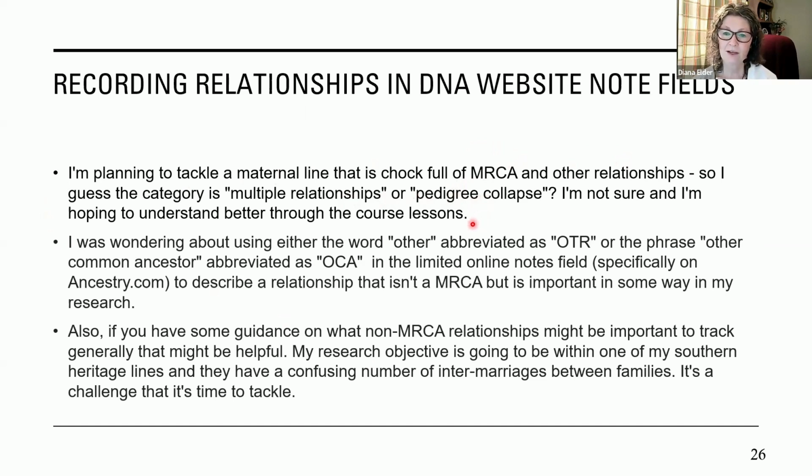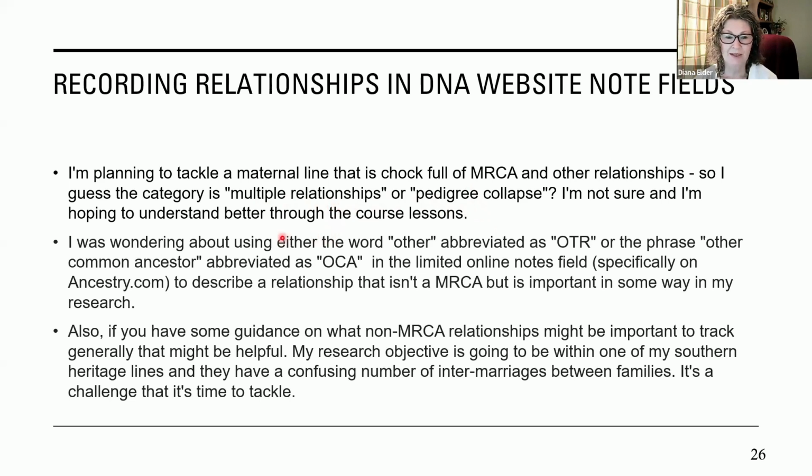We've done quite a bit of work in trying to write a blog post on Family Locket to help you understand the difference. Often we see something in our family tree and we think it's pedigree collapse where it's more multiple relationships. So you'll want to check out those blog posts and compare your tree to see which one you've got going on. And you can have both. But sometimes we think it's this and it's really just multiple relationships.